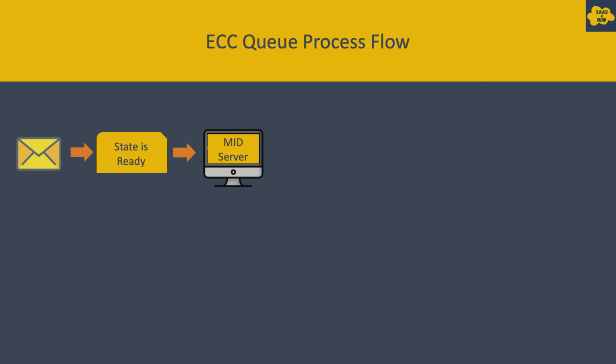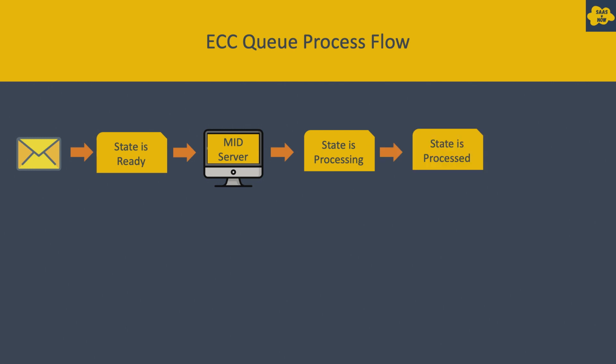Now when the MID server receives the job, the state becomes processing, so that the MID server can process that particular work. Once the job is completed by the MID server, the state becomes processed in the ECC queue. This is how an output ECC queue message is processed in ServiceNow.